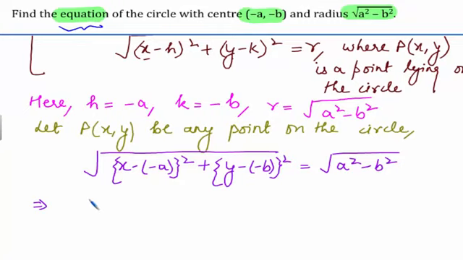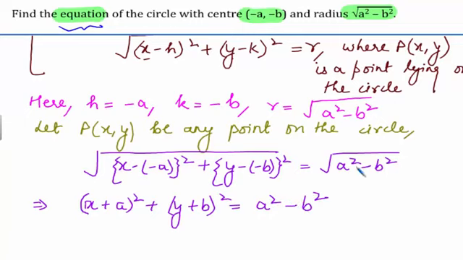So this implies that x plus a whole square plus y plus b whole square is equal to a square minus b square. Here we have squared both the sides.